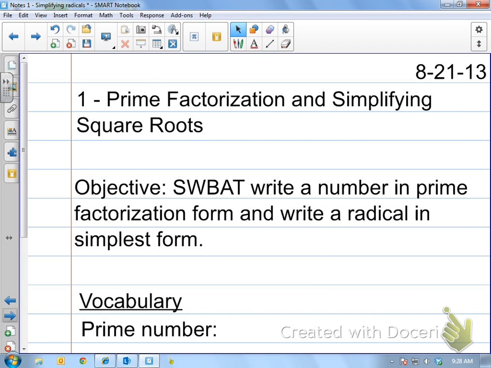I'm going to pause for a second while everyone catches up to the objective. So we have 3 vocabulary words today. Our first one is prime number.